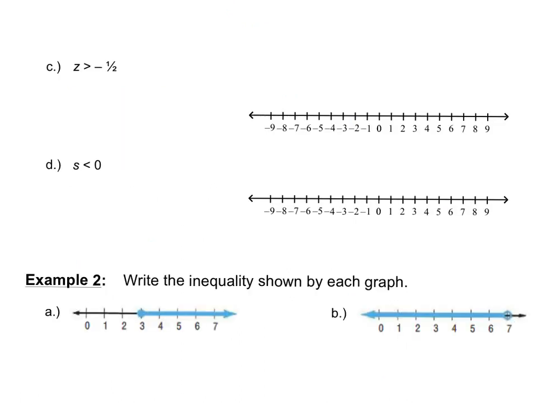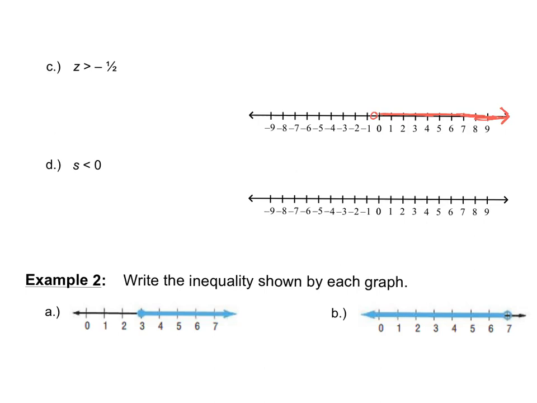Okay, example C, if z is greater than negative 1/2, the variable is already on the left and it's isolated, so I don't have to do anything. Z is greater than negative 1/2 would be an open circle at negative 1/2. That's in between 0 and negative 1. So open circle, let me make sure that looks open. And it's a greater than symbol, which matches the arrowhead on the right, so everything's going to be greater than that.